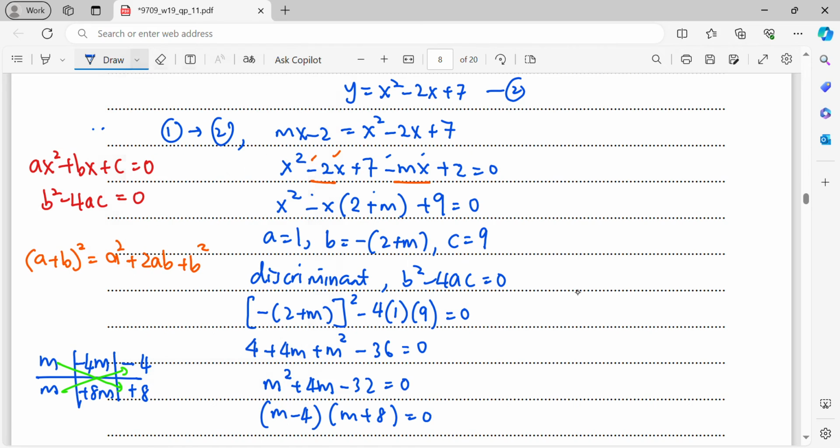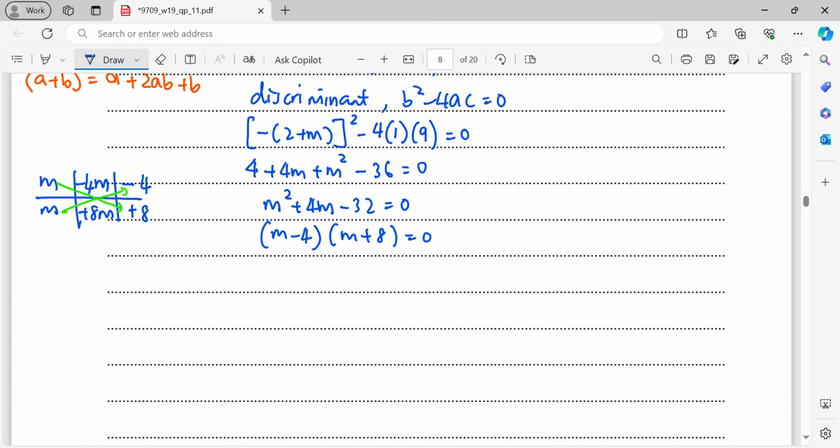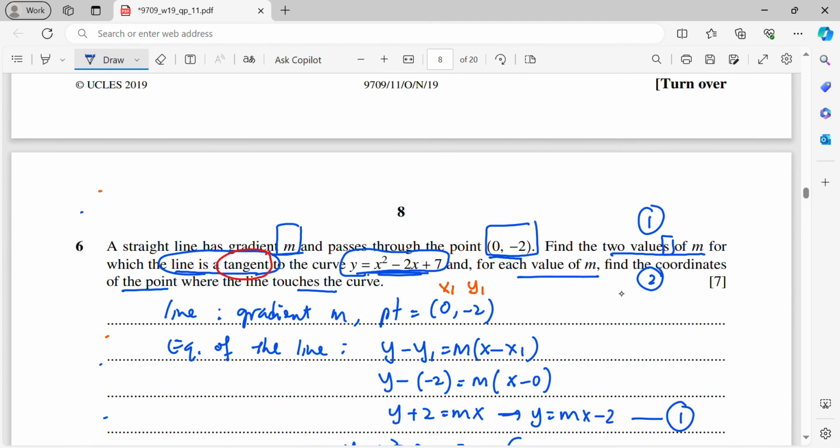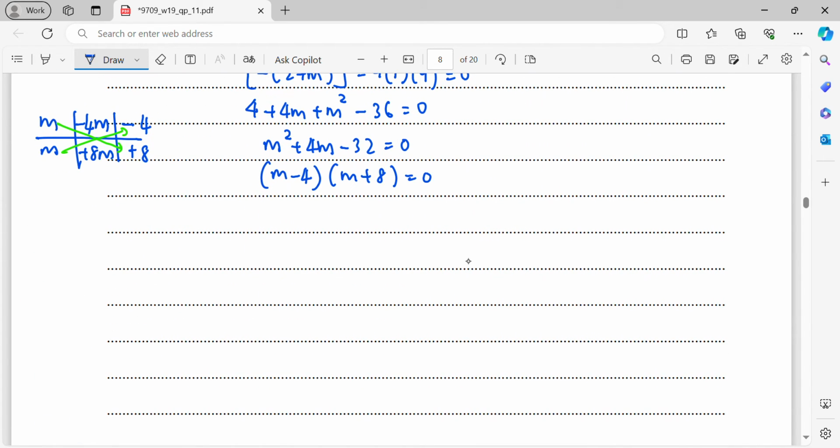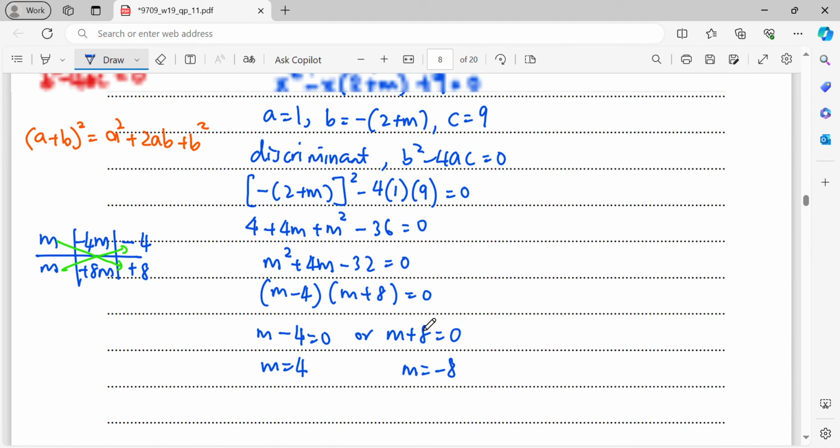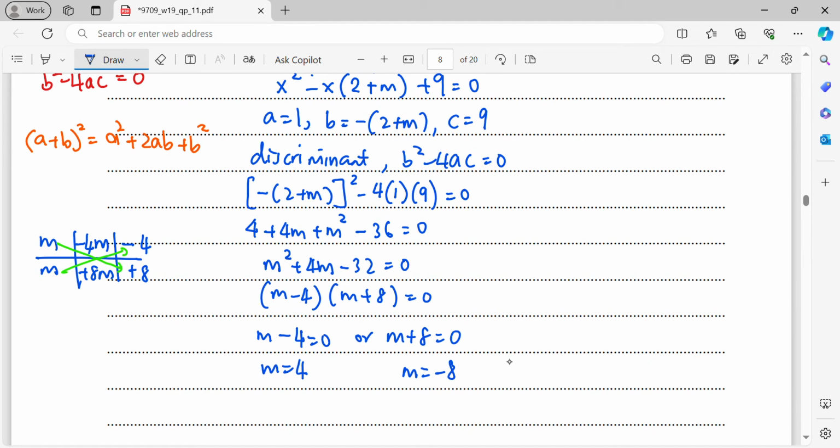Then from here, since the question says 2 values of m, now I'm getting my m values. So m minus 4 equals 0, or m plus 8 equals 0. So it means m equals 4 or m equals minus 8. So that's the first part of the solution.